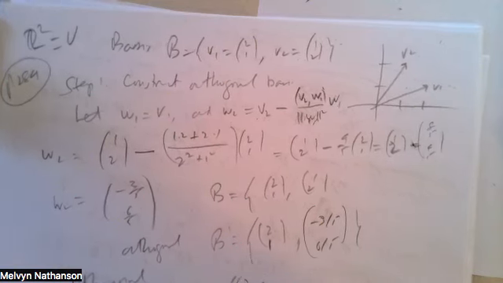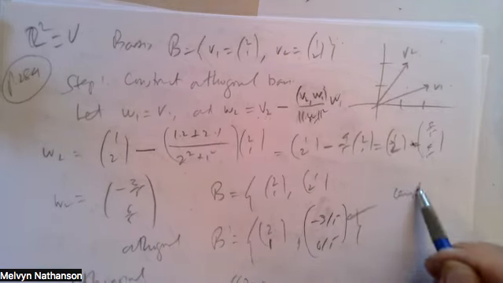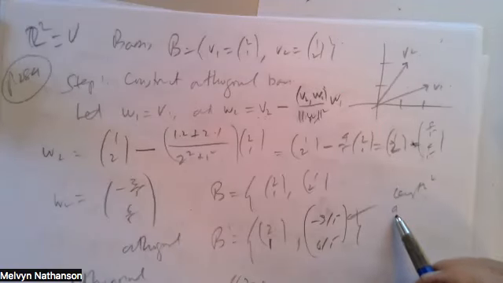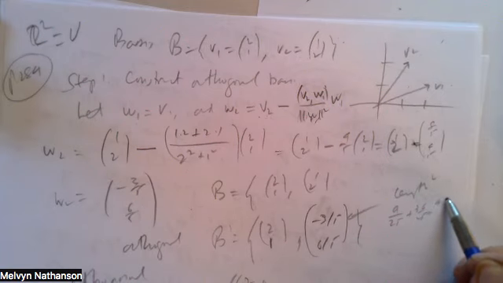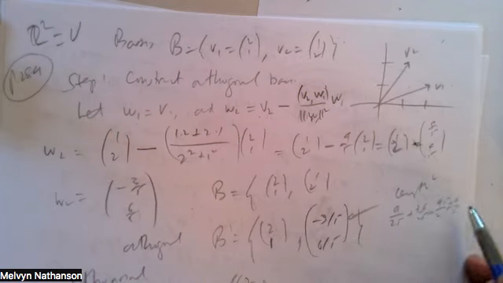1 over root 5. And what is the length of this other vector? The length squared is 9 over 25 plus 36 over 25, which is 45 over 25, which is 9 over 5.